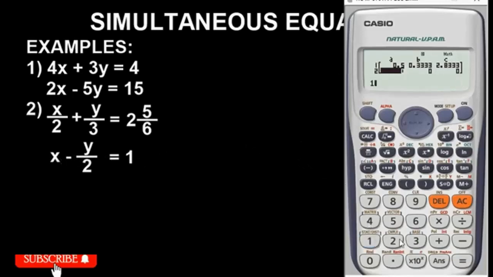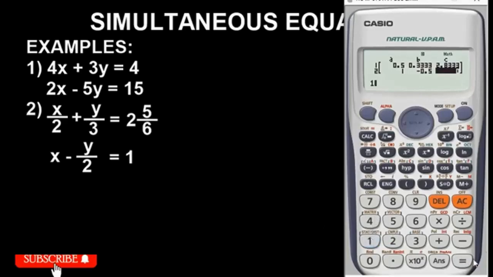So we press 1, equal to, whereas our B will be the coefficient of minus y over 2, which is minus 1 over 2. So we have minus 1 divided by 2, that's minus 0.5. Whereas our constant here is 1.